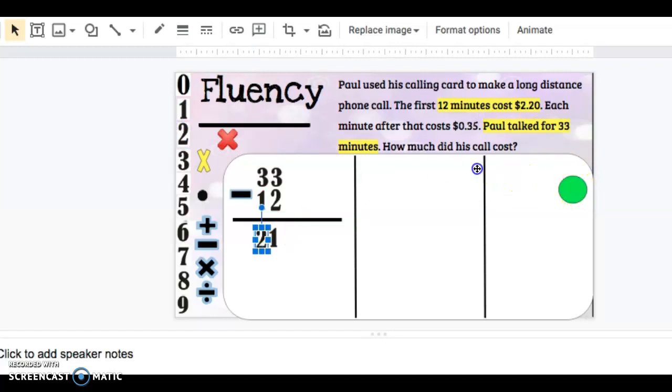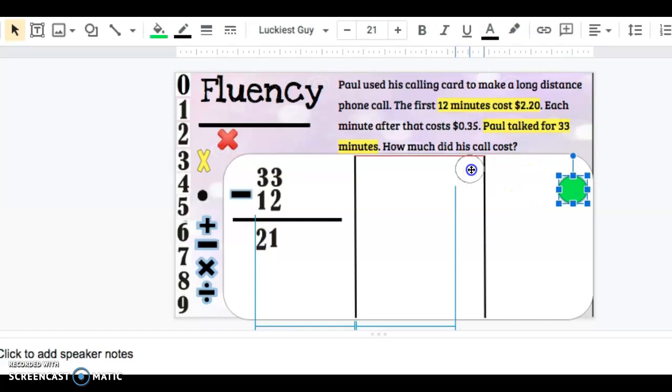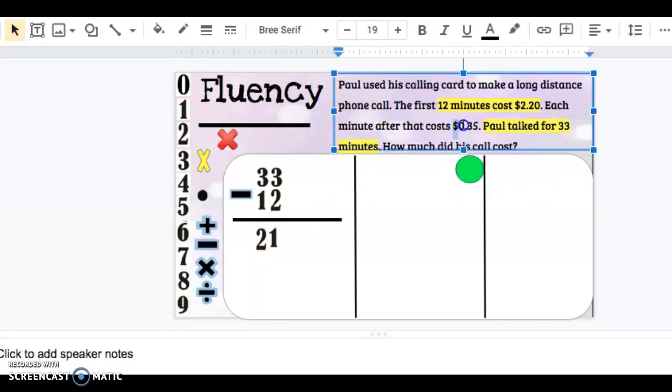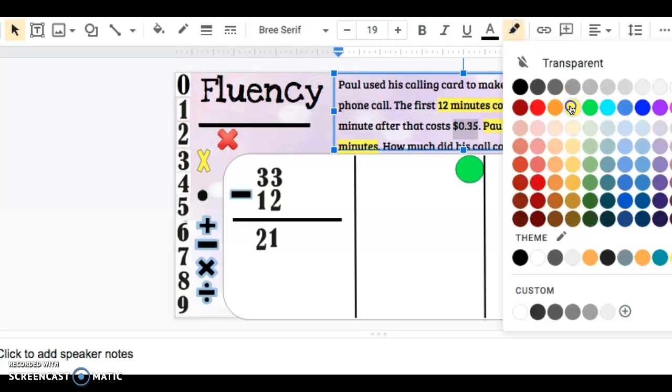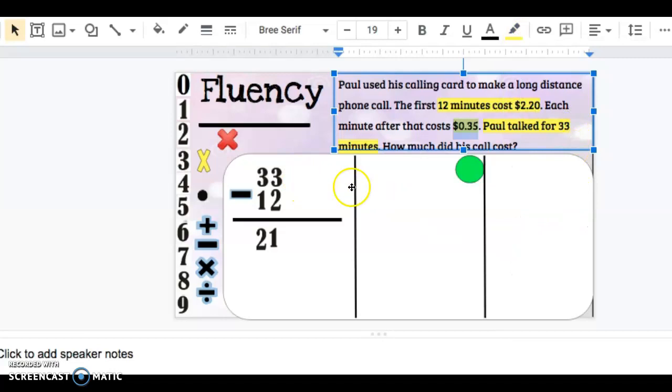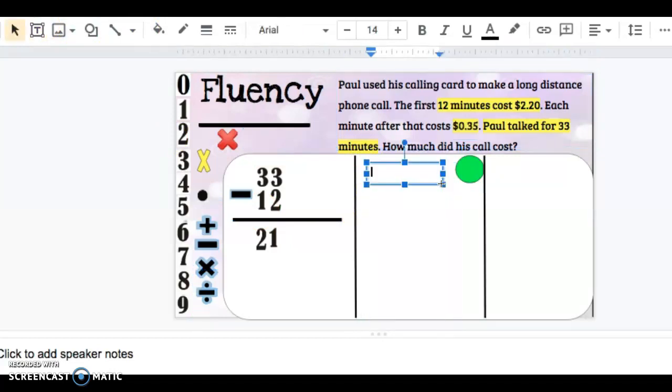So for us to do that, we're going to have to multiply 21 times how much it cost. So we can do 35 cents and add it 21 times if we really want to. But we're going to do multiplication to save us some trouble. So each minute after that costs 35 cents. So we have to determine how much it's going to cost for the 21 minutes.